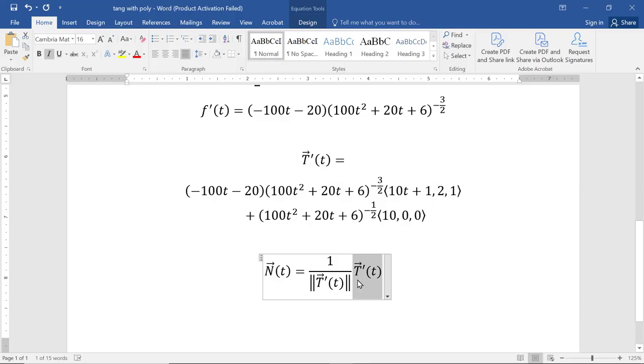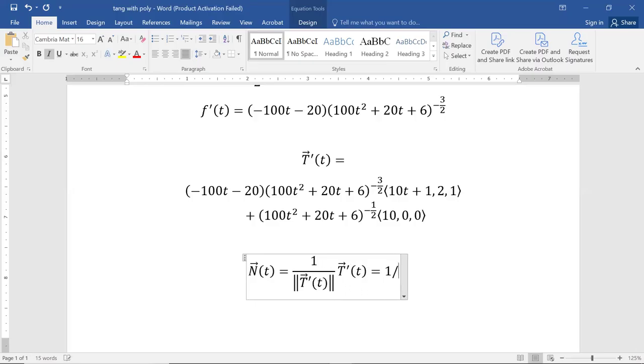Therefore, I don't really need the derivative of the tangent vector. I just need some vector that's in the same direction as the derivative of the tangent vector.